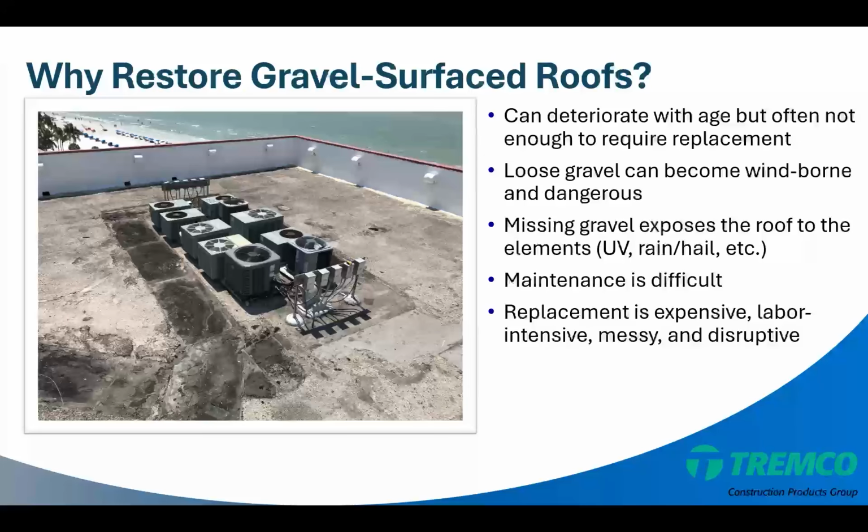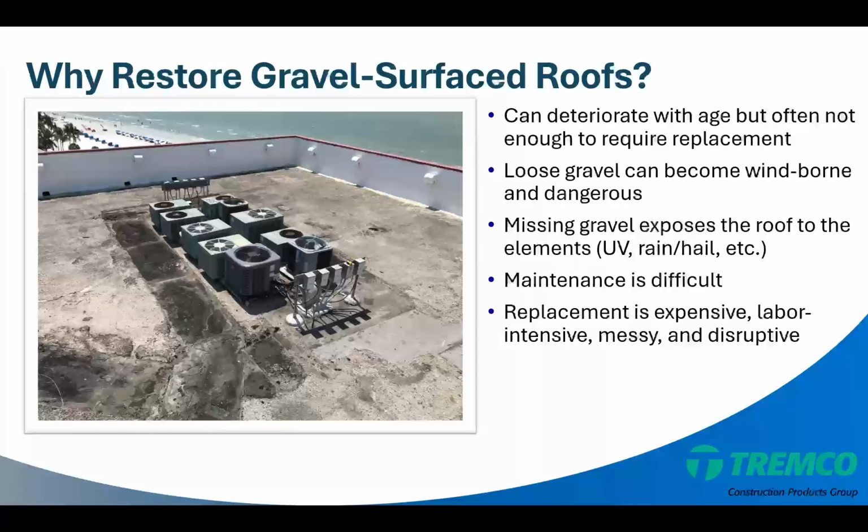But loose gravel can become windborne and dangerous in many scenarios, and missing gravel embedded in the system exposes the roof and other components, allowing water to infiltrate that system, and also be subject to the elements, UV, sun, rain, hail, other contaminants or environmental issues as well.